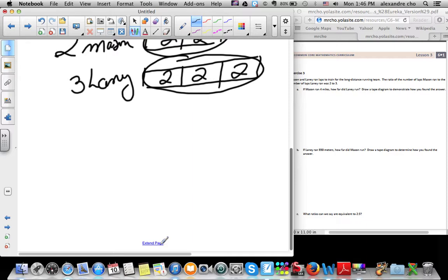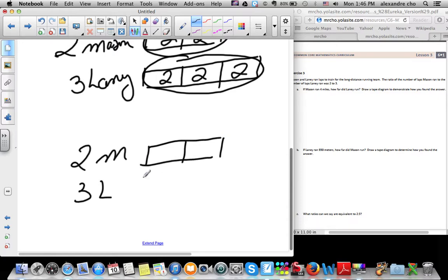Part B. If Lanny ran 930, how far did Mason run? Okay, again, 2 for Mason, 3 for Lanny, and we're going to create a tape diagram. Tape diagram means 2 boxes for this guy and 3 boxes for the other guy. 1, 2, 3. But here we want Lanny, so Lanny would be 930.